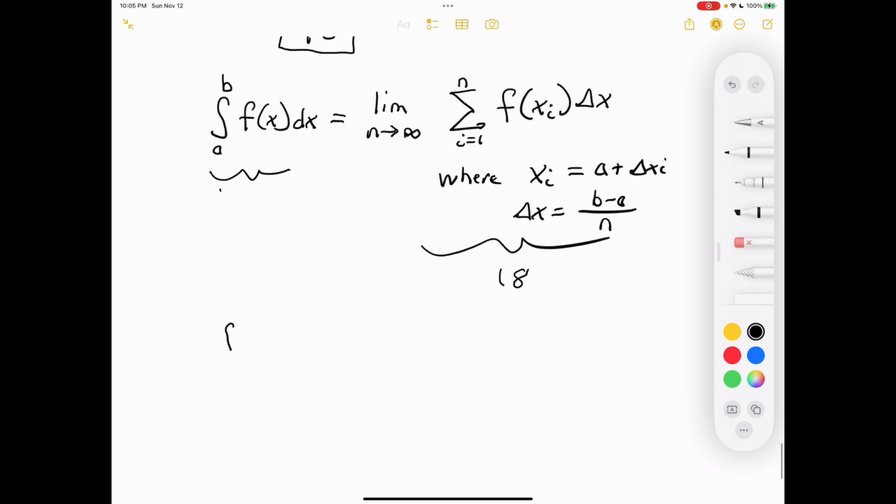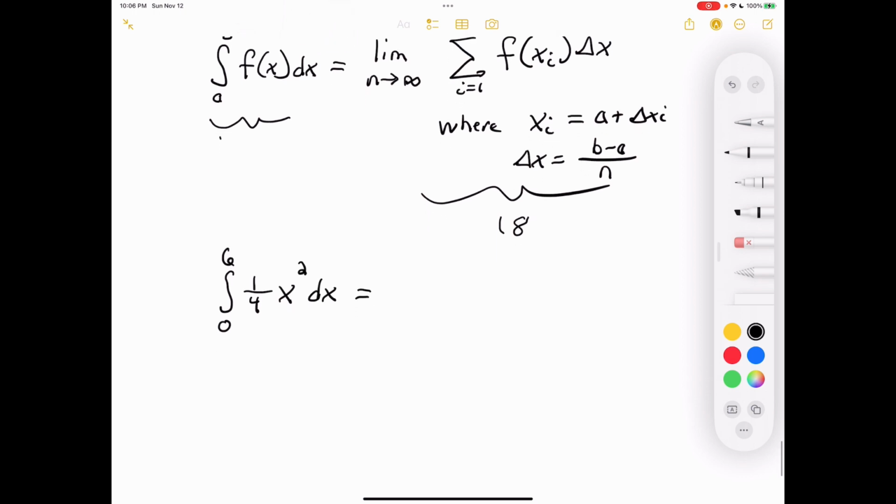So we want to solve the definite integral from, if you remember, 0 to 6 of 1/4 x squared dx. And you can pull constants out in front of the integral sign.